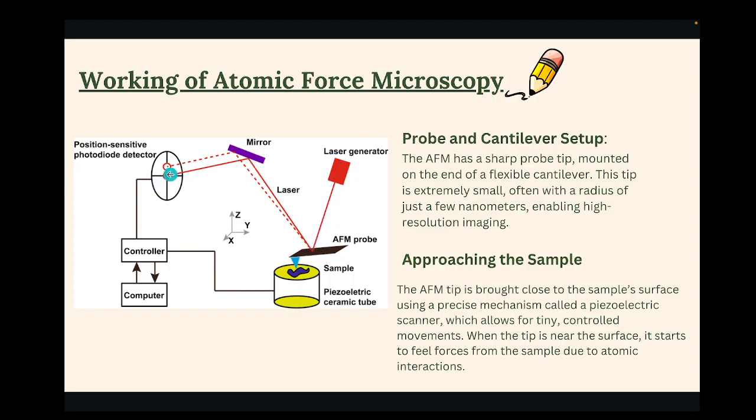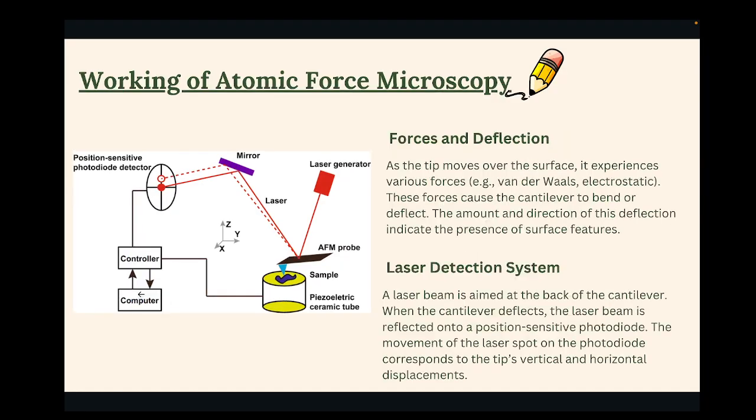The movement of the laser from the center is captured, and every time the laser moves away from the center, it is recorded and the signal is sent to the controller. The controller then moves the piezoelectric tube in such a direction that the laser comes back to the center. This happens every time, and the signal is sent to the computer, and the computer makes the different images.